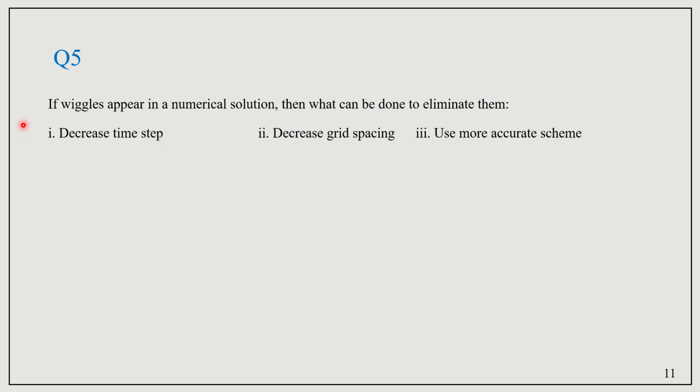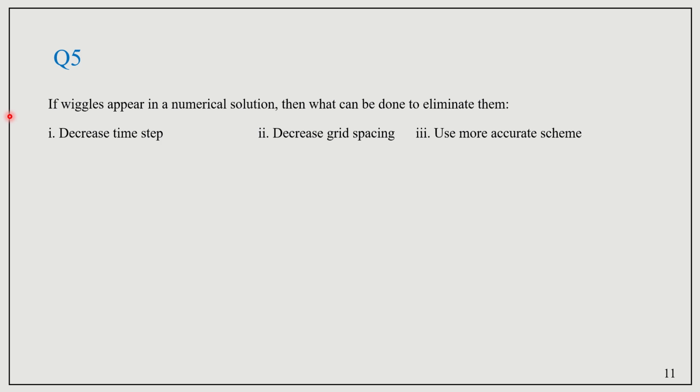We need to refine the spatial discretization, reduce the grid size, reduce the spacing between the grids. So option 2 is the right answer, that is, decrease grid spacing is the right answer.